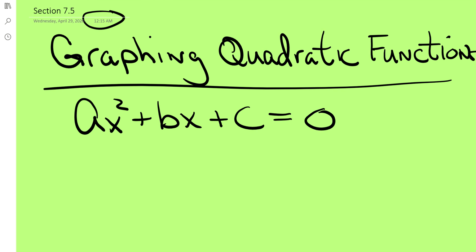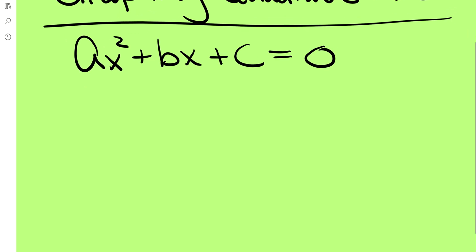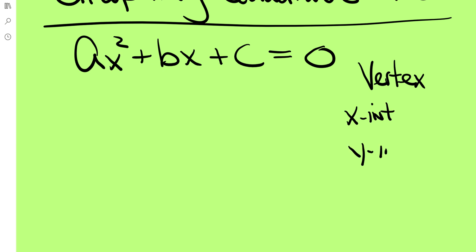Given that, there are three things we're going to have to look for. We have to find what is called the vertex, the x-intercepts, and the y-intercept. Just one y-intercept. X-intercepts come in 2s, up to 2, I should say.